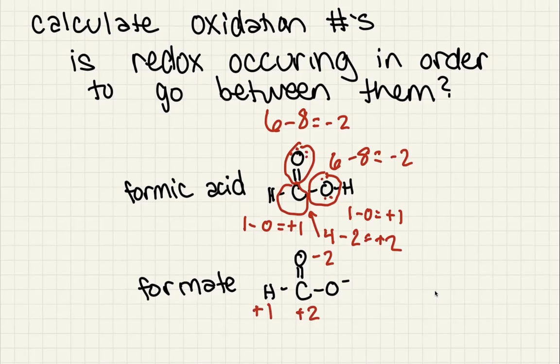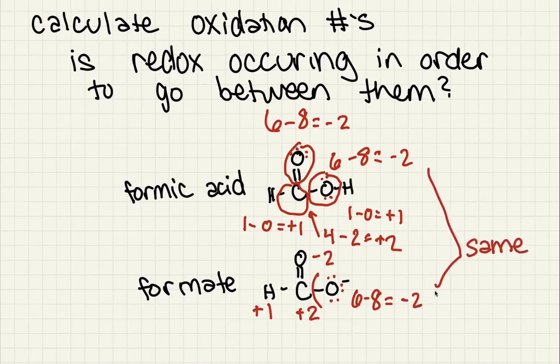bond to hydrogen. Since it lost the hydrogen as a proton, that means it's going to have 3 lone pairs. So that counts for 6 electrons, and then it still gets these 2 from the bond to carbon, and that's going to be 8. So we have 6 minus 8 equals -2, which is the exact same as it was here.